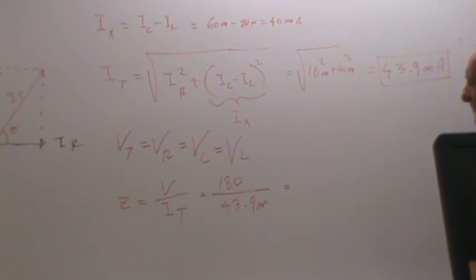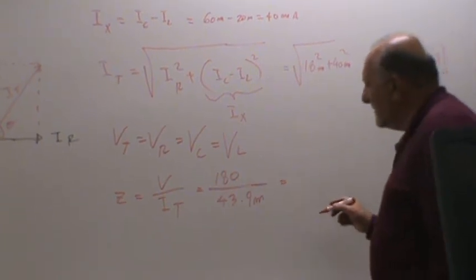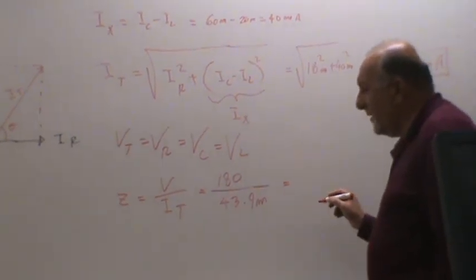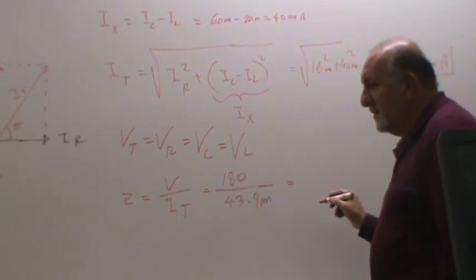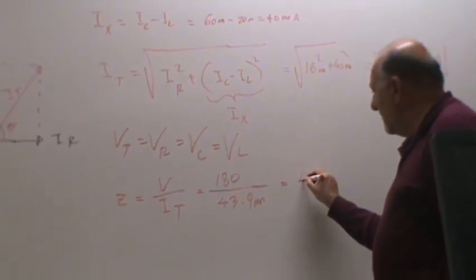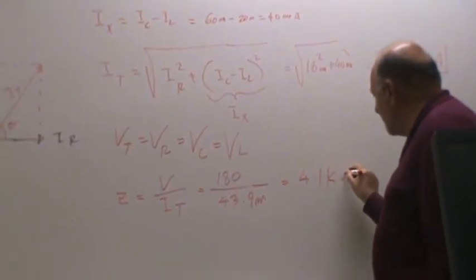How much is that? What's 180 divided by 43.9? 4.1 K. 4.1 K ohms.